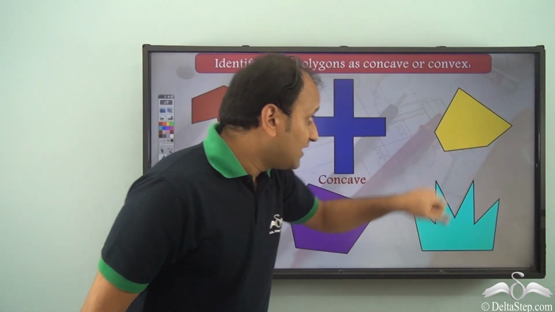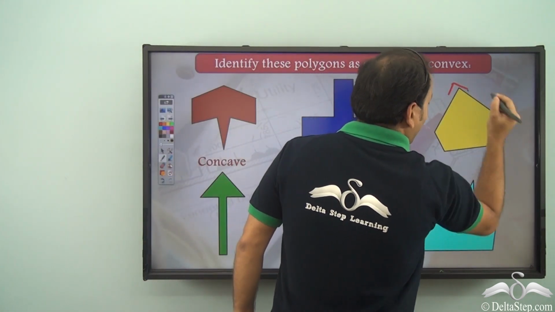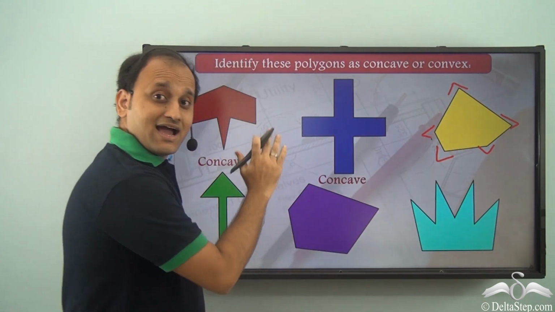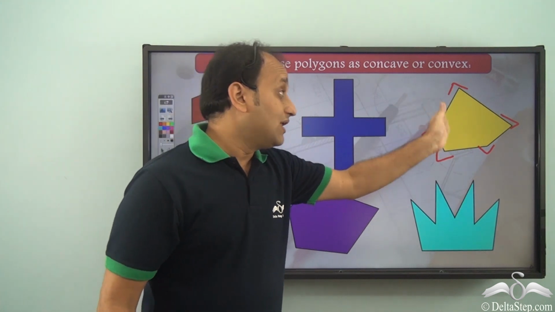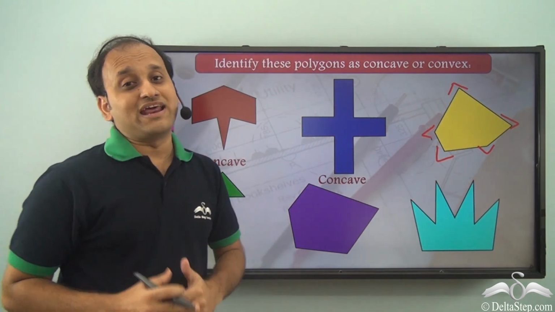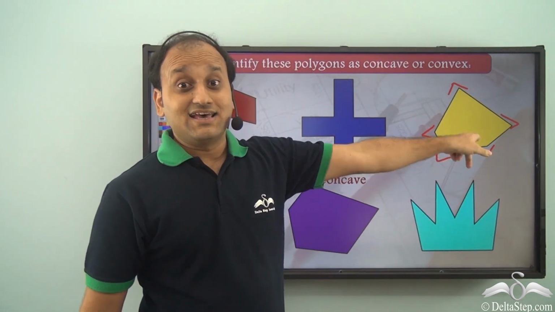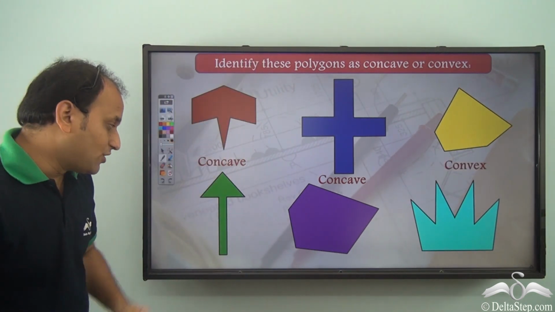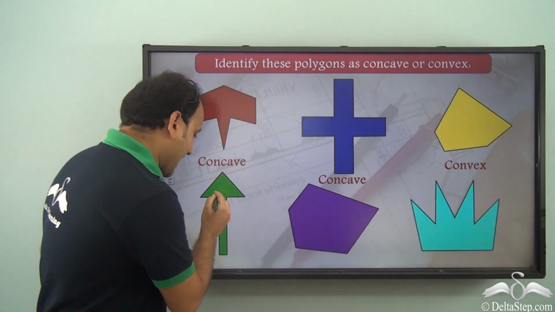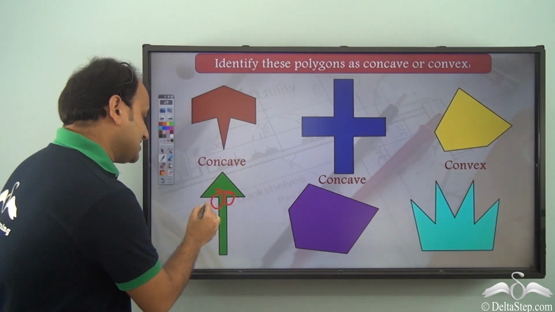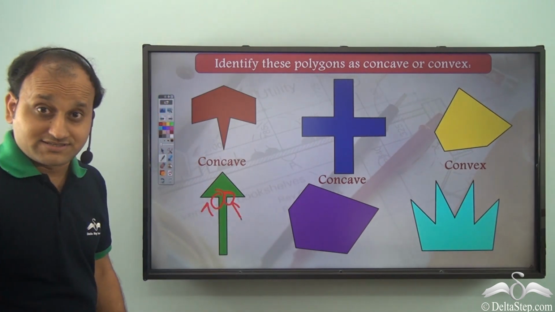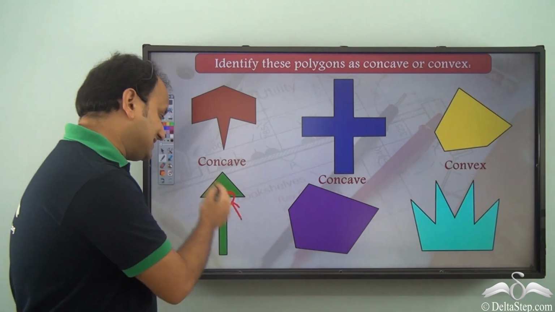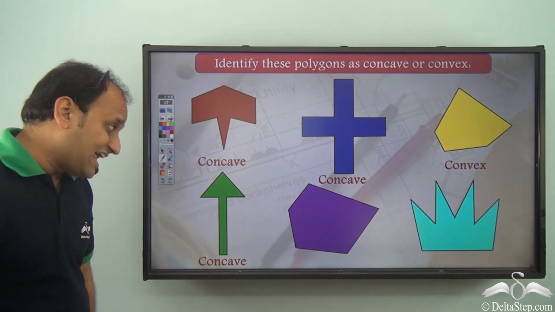What about this? Here, all the vertices are pointing outwards, which means all the angles are less than 180 degrees, and so this is a convex polygon. Now, what about this? This again has two vertices which are pointing inwards. That is, both these angles are reflex angles, and so this is again a concave polygon.